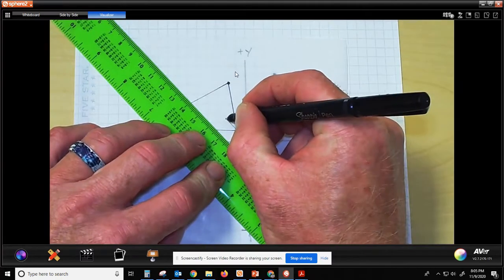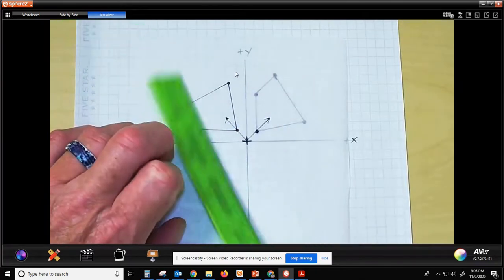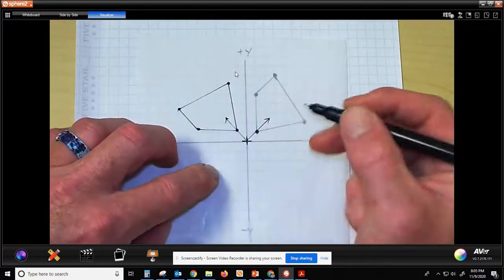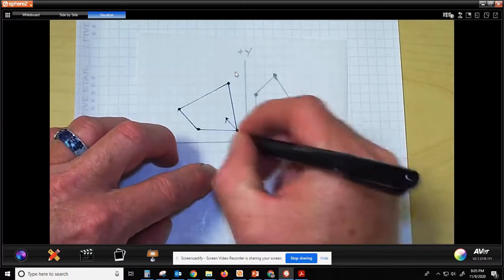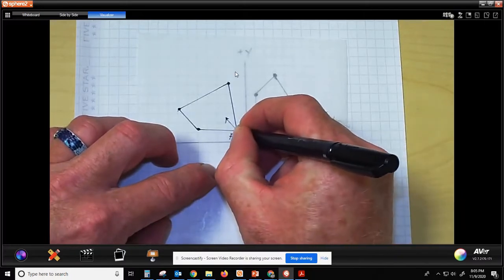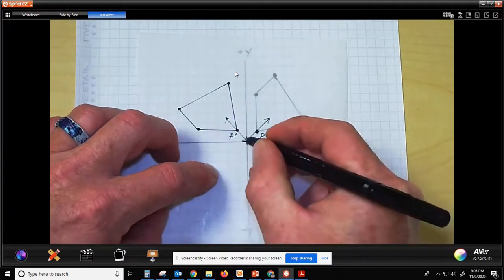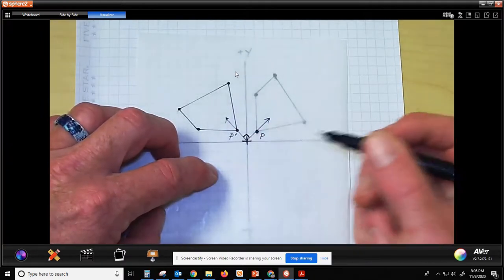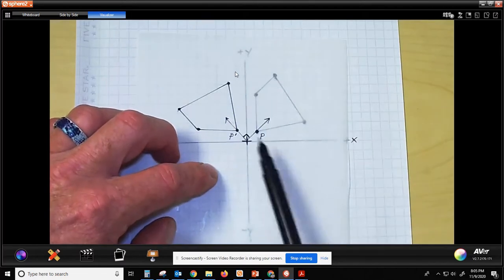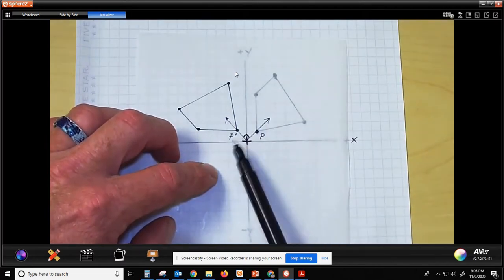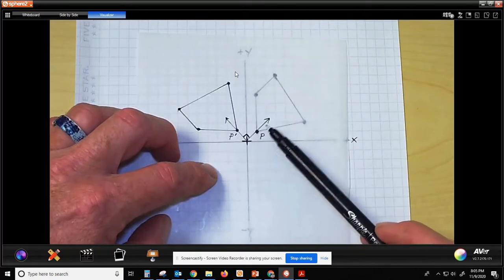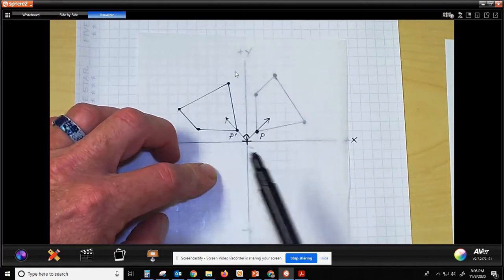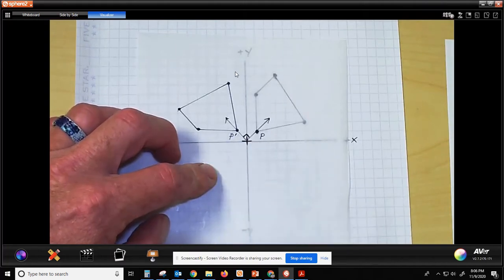Okay. And so done quickly. Now you can see the angle of rotation. If I named this P and this P prime, there is a 90-degree angle I can draw using the center of rotation as a point, as a reference, and one ray goes through point P, and the second ray goes through P prime. This is my angle of rotation.